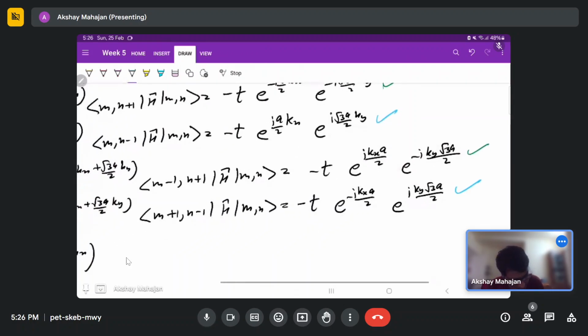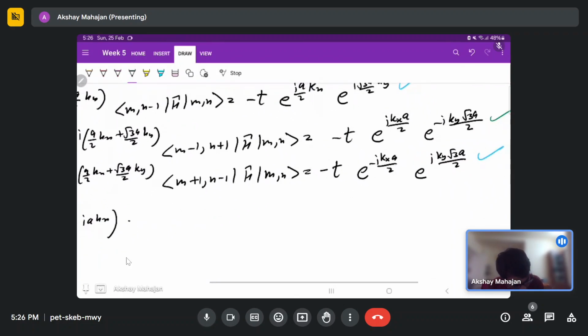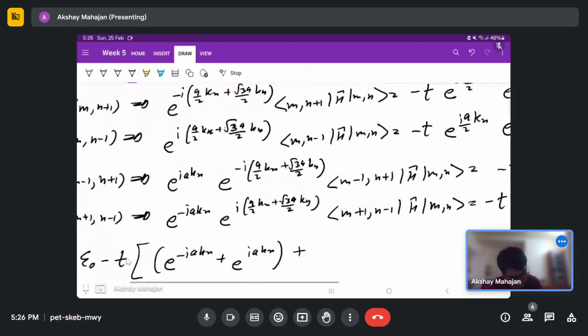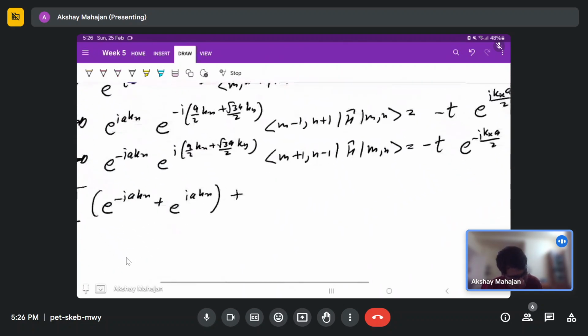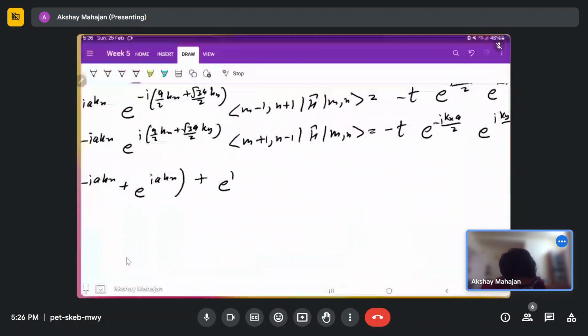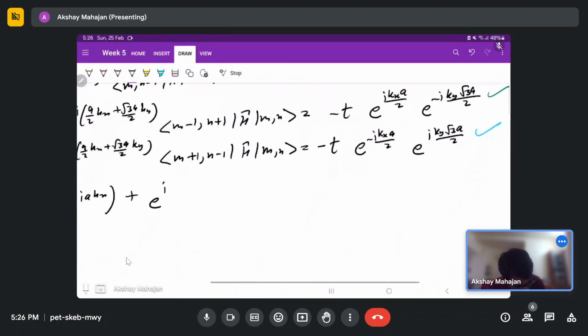Alright, if I take the blue ones, I can take e to the power iota k minus t times e to the power minus t common from all of them. From the blue ones, I can take e to the power iota ky root 3 a by 2 as common, and I am doing it because this makes my calculation simpler.